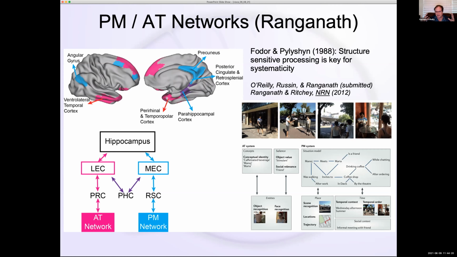And he tests this in the context of episodic memory, as we can see in this illustration over here, of schemas or scripts, classic notions of what typically happens across time in a particular situation, like going to a coffee shop. And this involves structured relationships among the particular people, places, things that are going on in an event, and how they relate to each other.